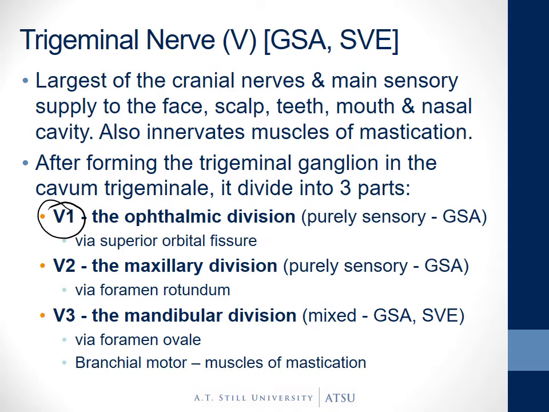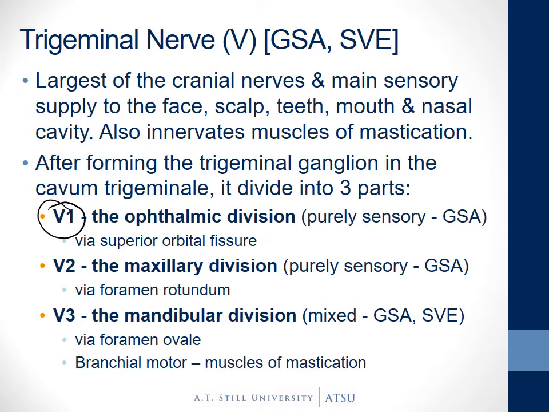But if you'll remember, cranial nerve 5 does not originally carry parasympathetic fibers. What we find out is that it becomes the pathway that parasympathetic fibers, after they have synapsed in their parasympathetic ganglion, the postganglionic fibers jump on fibers of V1, V2, and V3 to go to their target organs.